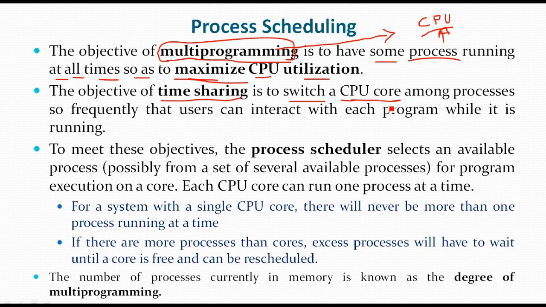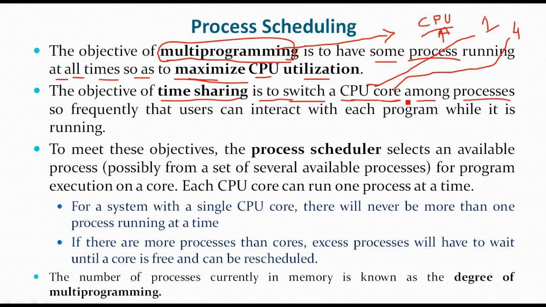Physically I have one CPU, but I have 4 cores. So time sharing is to switch a CPU core among processes, right?